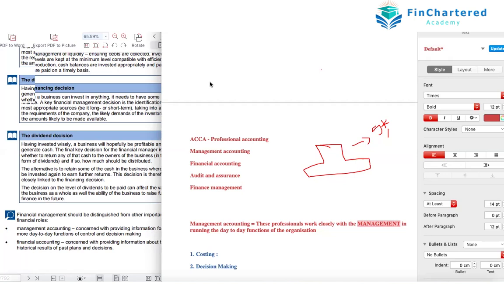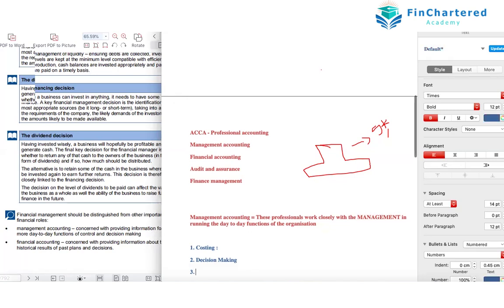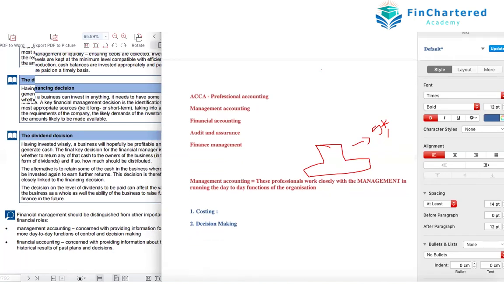Then after that, what happens? I'll give you an analogy. If you are going on a trip, say, make it easier, if you are going for a movie, will you sit and make a proper budget?